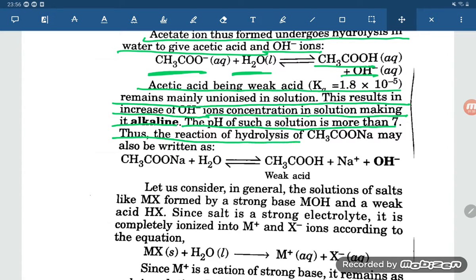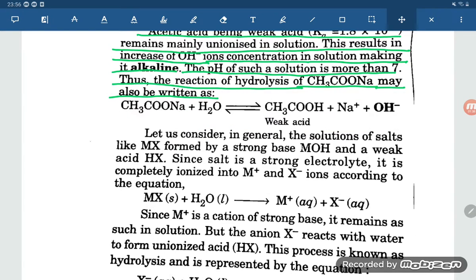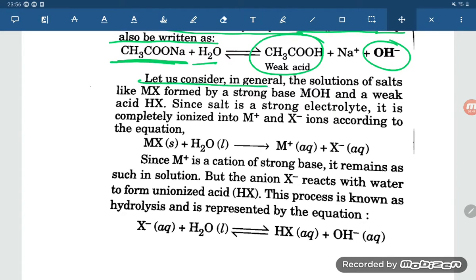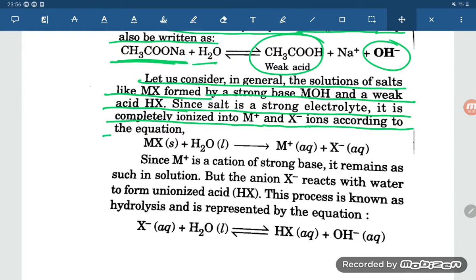Thus, the reaction of hydrolysis of CH3COONa may also be written as: the salt of the weak acid and strong base plus H2O gives the weak acid plus the strong base. Let us consider in general the solution of a salt like MX formed by the strong base MOH and weak acid HX. Since the salt is a strong electrolyte, it is completely ionized into M+ and X- ions: MX gives M+ plus X-.